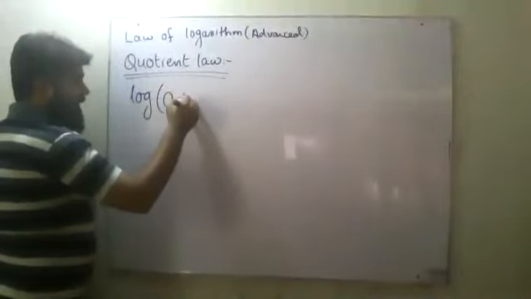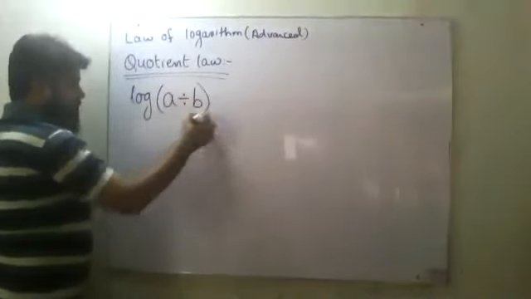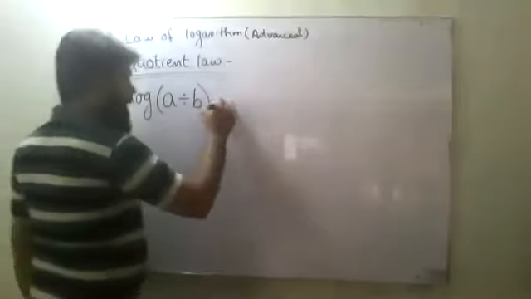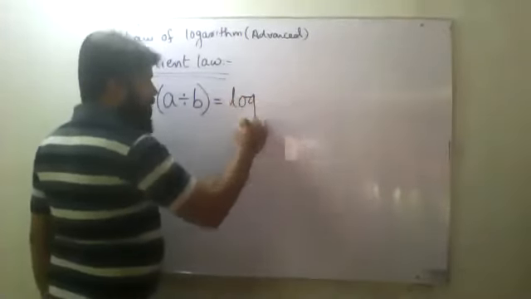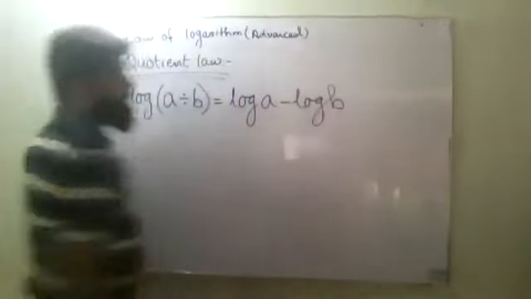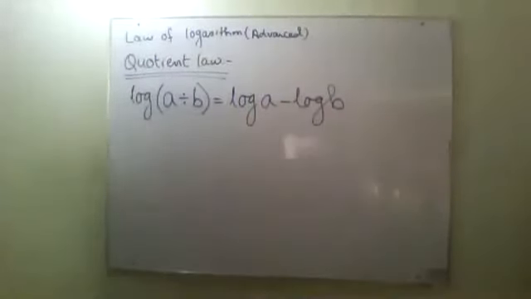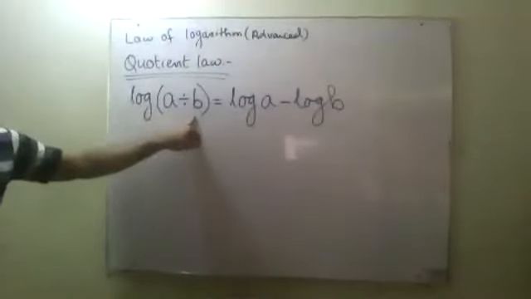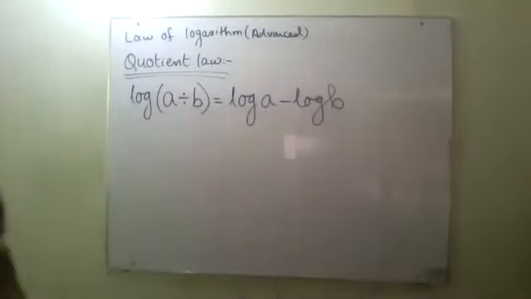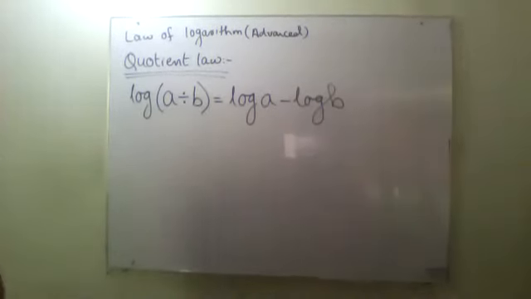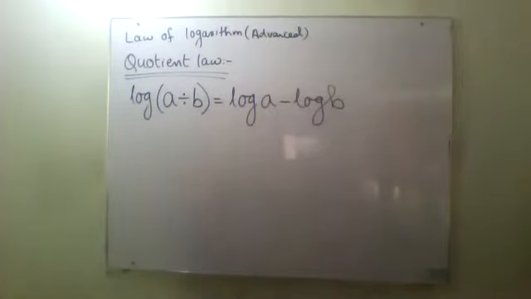If it is written like this, a divided by b, so this will be written as log of a minus log of b. Okay, this is the rule. Log a divided by b, or log of a fraction, is equal to log of numerator minus log of denominator. Okay, this is the rule.